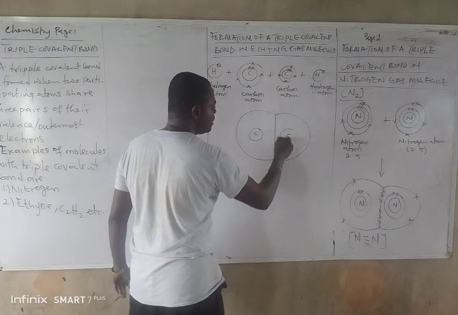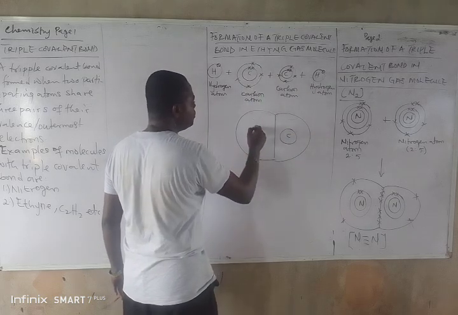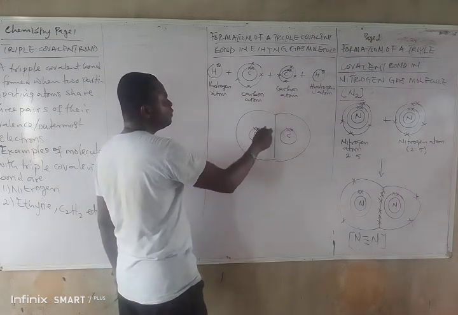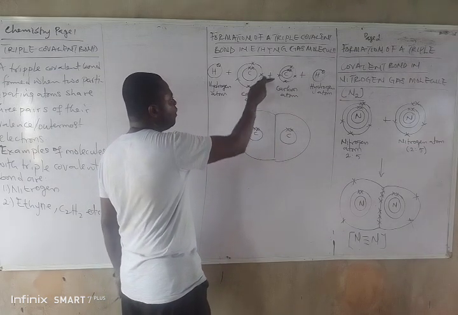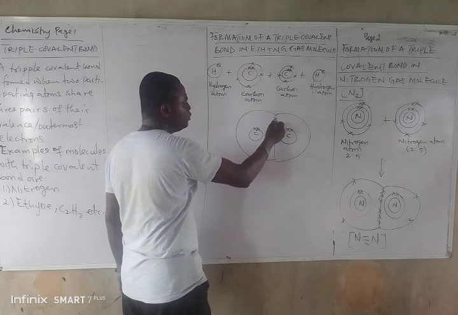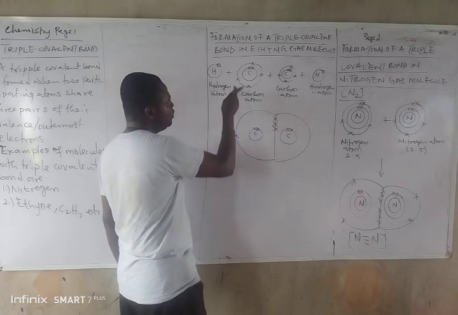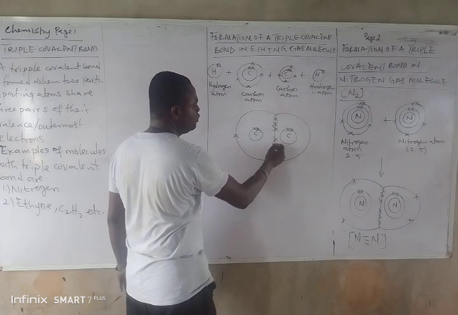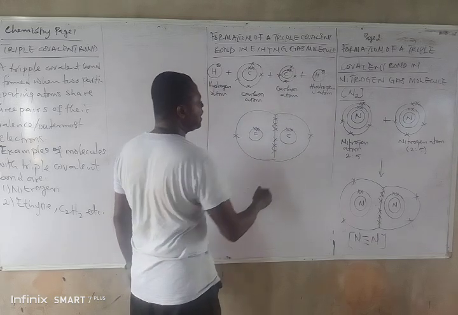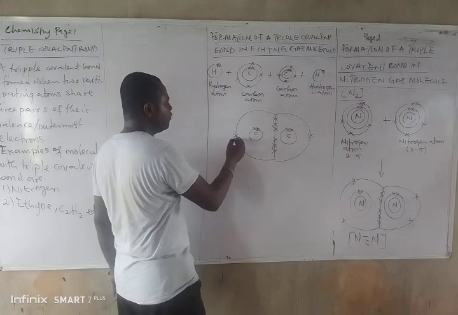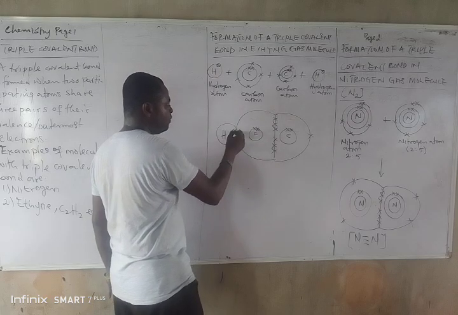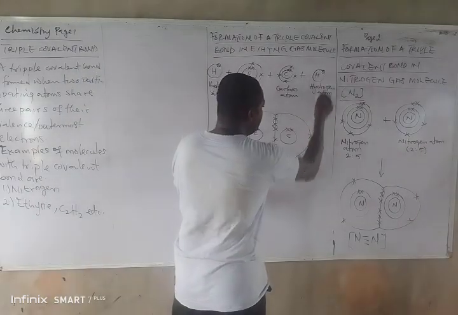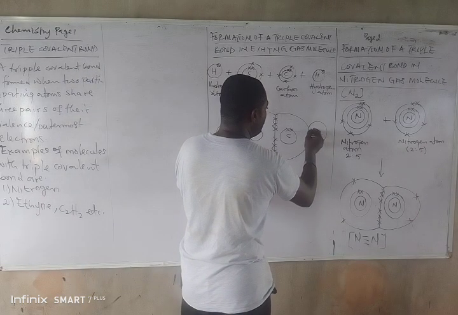These 2 electrons, 1, 2, 1, 2. Then this one also forms triple bond. Out of 4 electrons here, it gives 3, 1, 2, 3. It's left with 1. You put the 1 here. Then this hydrogen comes to form a single bond with this, and this hydrogen also comes here to form a single bond with this.